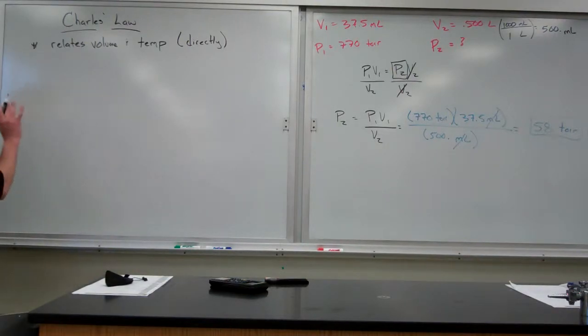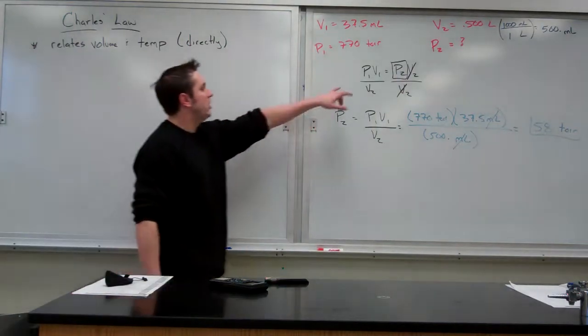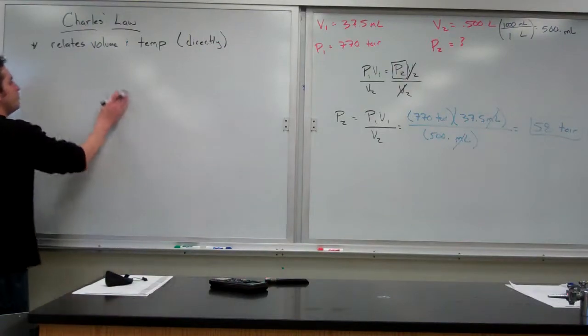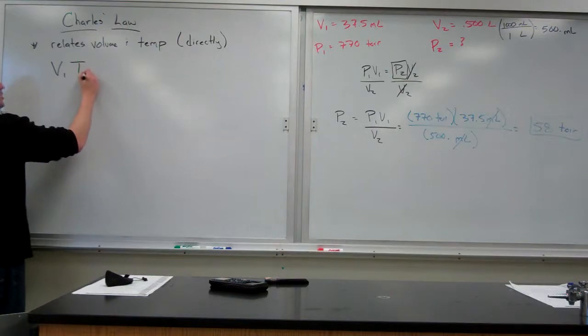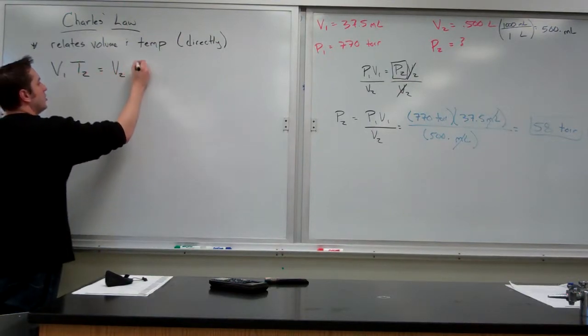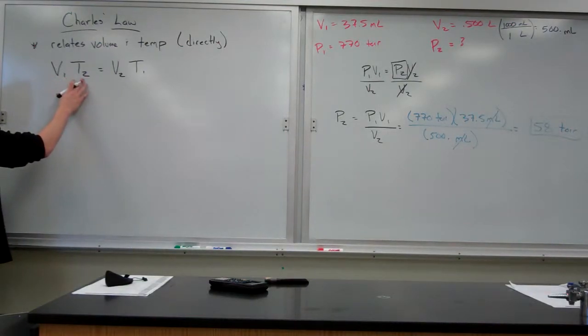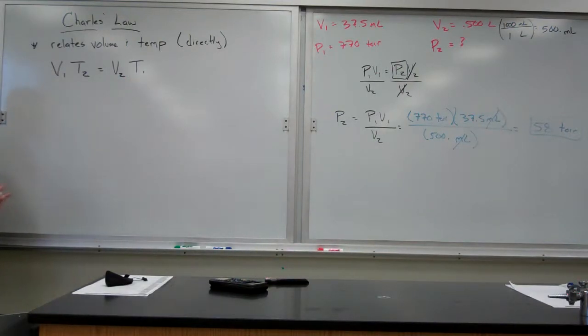Charles' law, the equation's a little different. When we have an inverse relationship, the numbers match: P1, V1, P2, V2. When you have a direct relationship, the numbers are opposite: V1, T2 equals V2, T1. These stand for the same thing, so I'm not going to label them again. Volume 1, initial volume. T2, final temp. Volume 2, final volume. T1, initial temp.